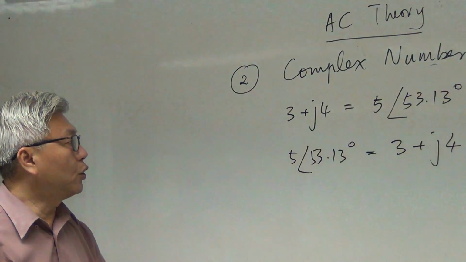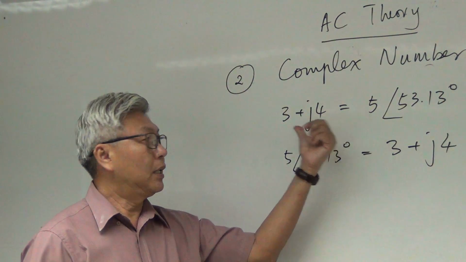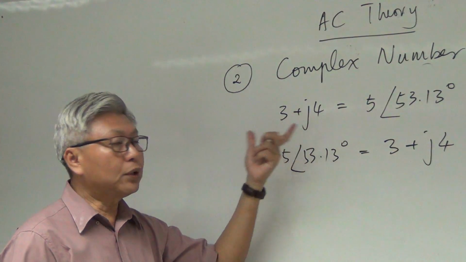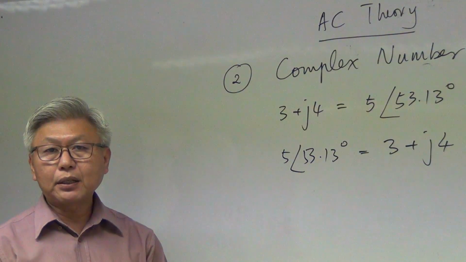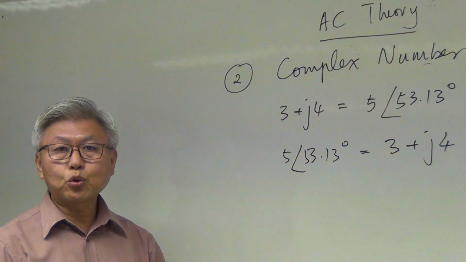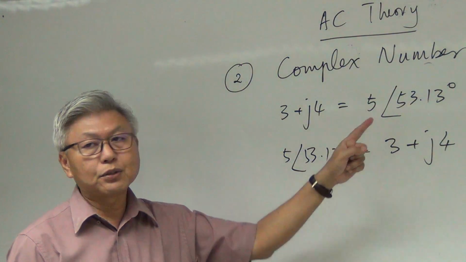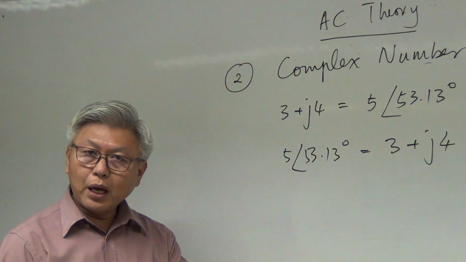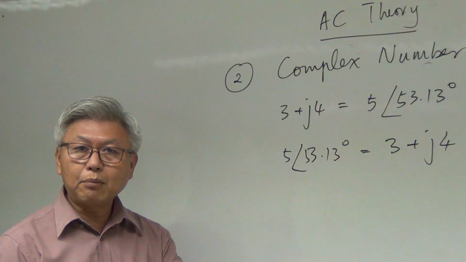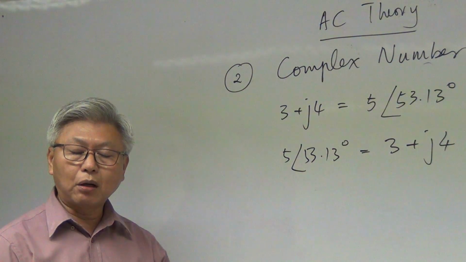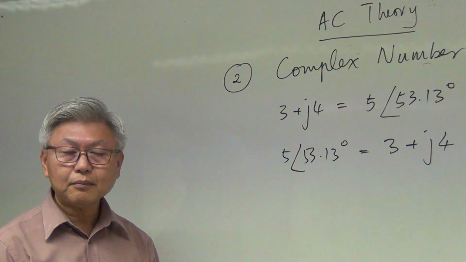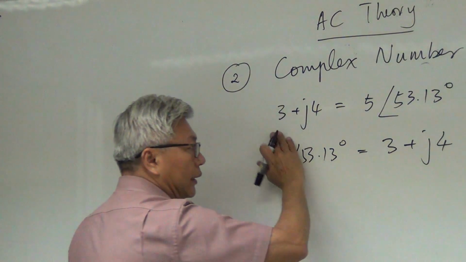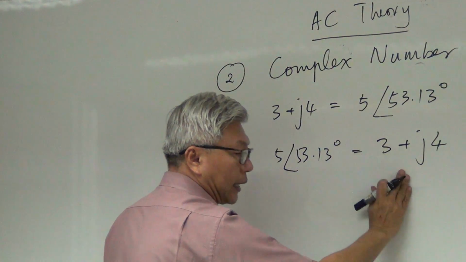I'll advise you to remember this set of numbers: 3, 4, 5 and 53.13. Because if you know these numbers by heart, when you use a calculator to get answers, if you are not too sure of your steps, at least you can verify by using these numbers. If you input 3 plus j4 and you cannot get 5 at 53.13, that means something is wrong with your calculator settings. Okay, if you know this conversion, you are able to convert rectangular to polar, polar to rectangular.